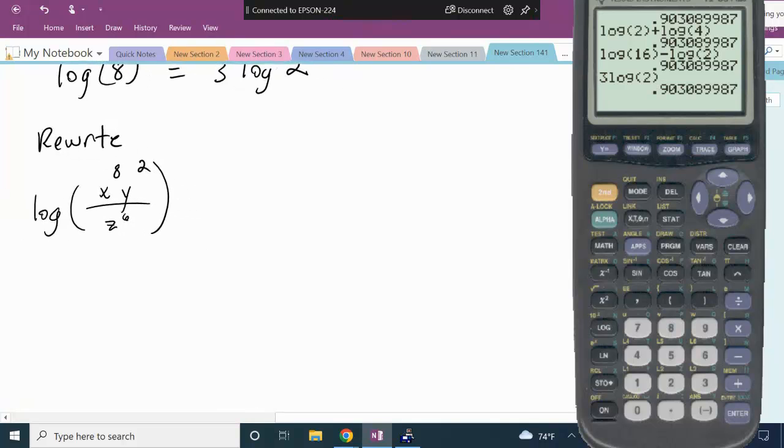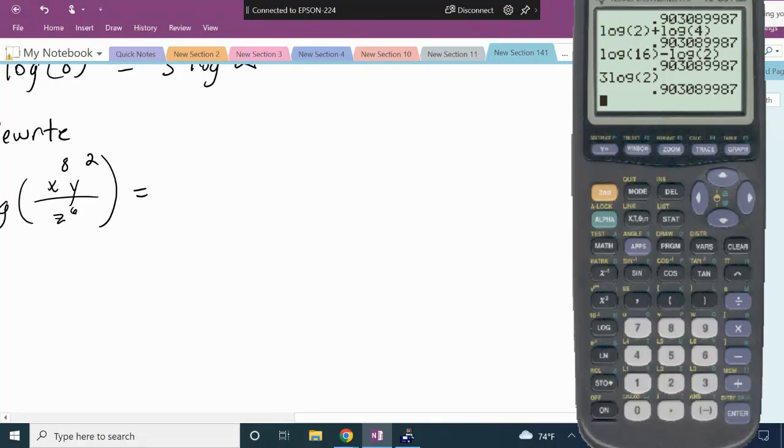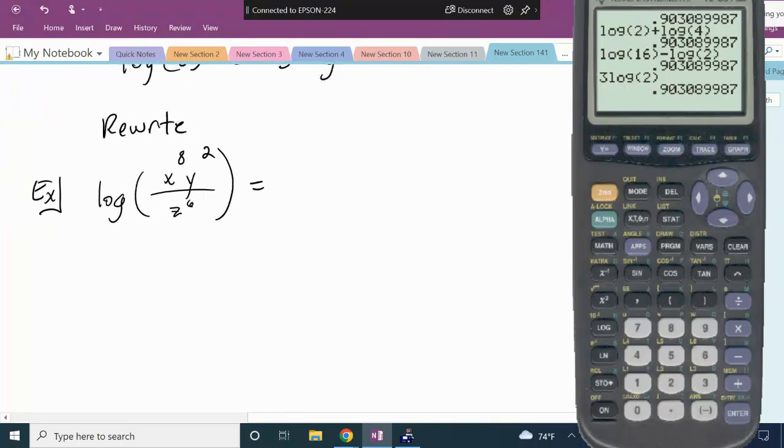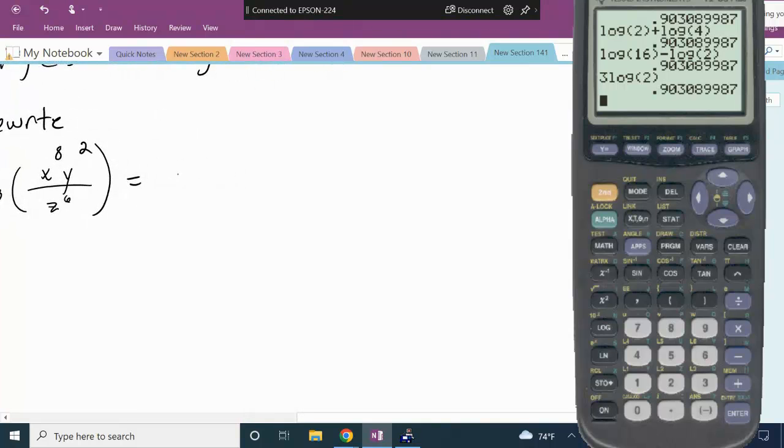Okay. So first thing is, notice that I have two operations. There is a multiplication in the numerator, right, because that's x to the 8 times y squared. So I can rewrite that product as a sum. And then I have a division divided by z to the 6th power. I can rewrite the division as a minus. Okay. So I'm going to start in the numerator. So I'm going to write this out as, and I'm just going to write out all the steps.